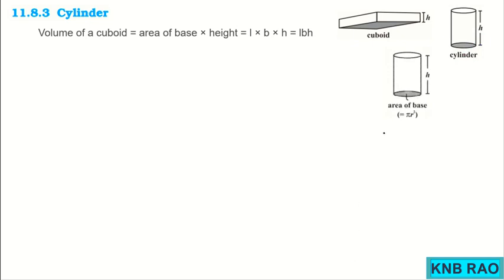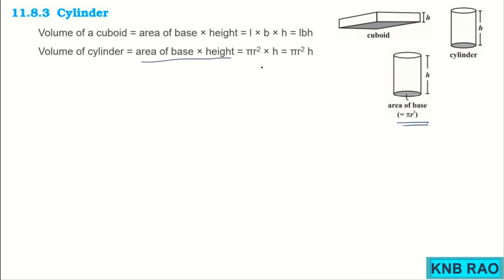Area of the base is pi r square and corresponding height is H. So, volume of a cylinder is area of the base into corresponding height, which gives pi r square into H. The pi r square H formula is very important. Let us go for solving some questions on it.